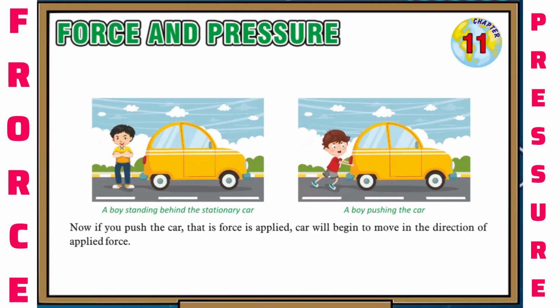Here you can see the first picture in which a boy is standing behind the stationary car, and in the second picture you can see that a boy is pushing the car. Now if you push the car, that is, force is applied, the car will begin to move in the direction of applied force.